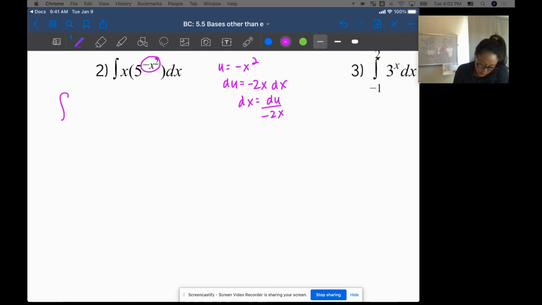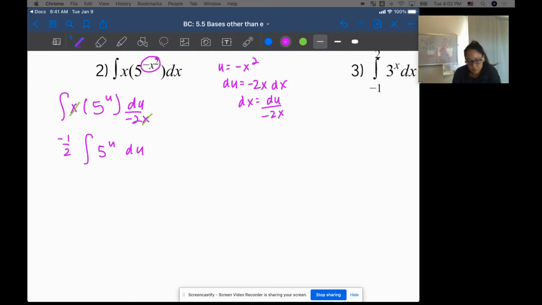All right. So I have x times 5 to the u du over negative 2x. So I'm going to cancel, giving me negative 1/2 times the integral of 5 to the u du.